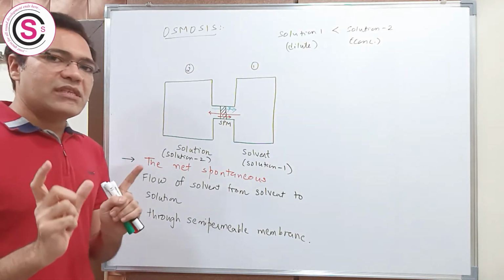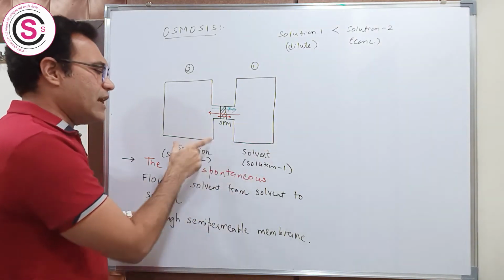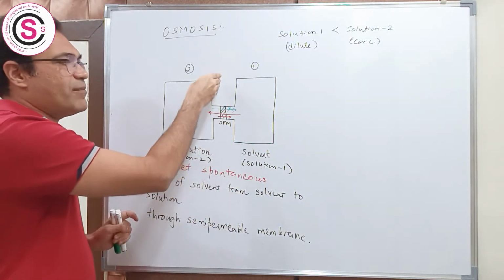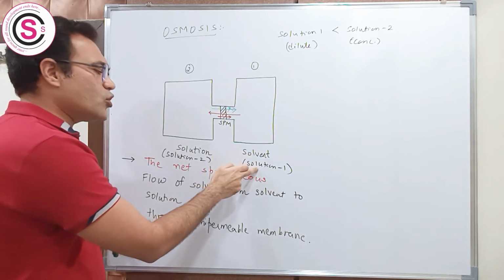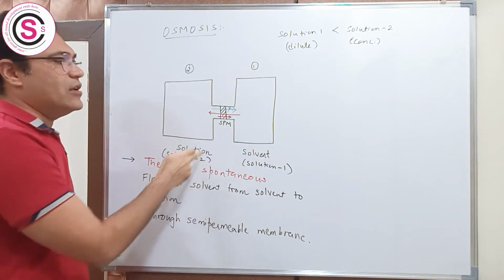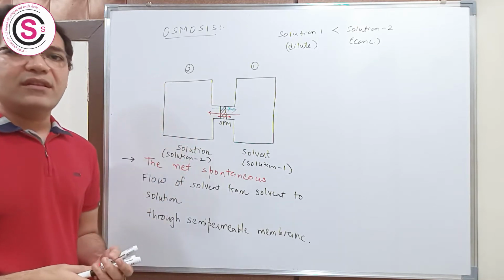Okay, so osmosis can occur between solvent and solution having a semi-permeable membrane between them, or it can occur between a dilute solution and a concentrated solution having a semi-permeable membrane between them.